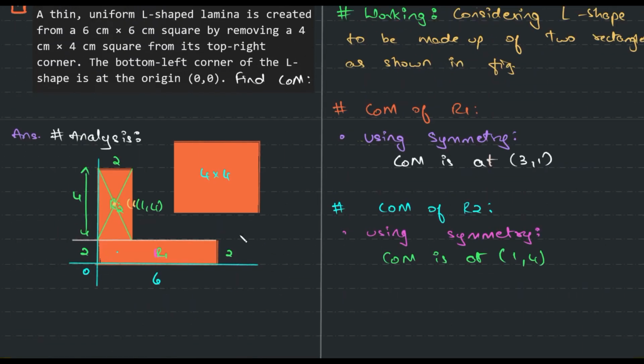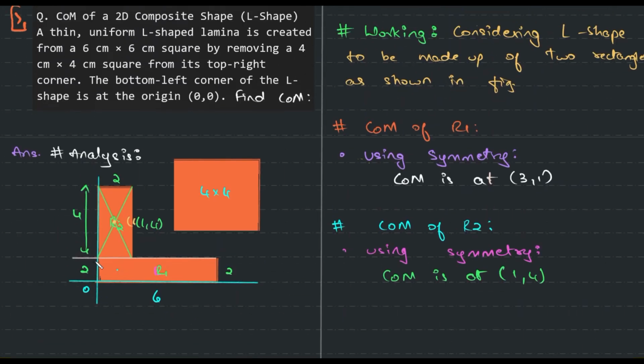So basically this is 2 and somewhere over here. If you think about it, this is a line of symmetry. If you take the actual L, not the letter L, but if I cut this way and fold it along this line, it is symmetrical.